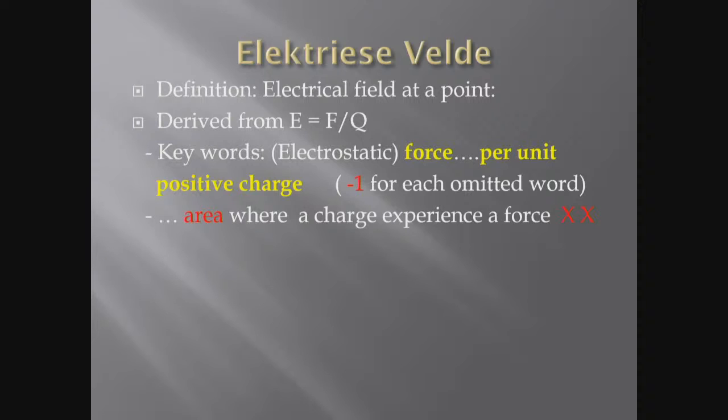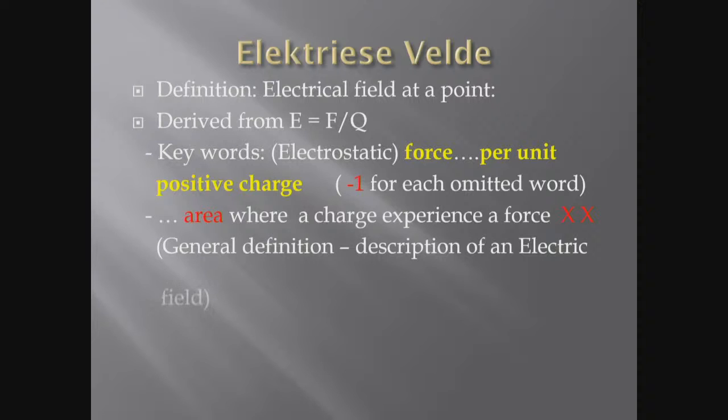Immediately I will refer you back to the keywords: the force per unit positive charge. All 3 of those words are not part of this definition, so you will get no marks if you describe it in that way. So this is only a general definition or description of what an electric field is.